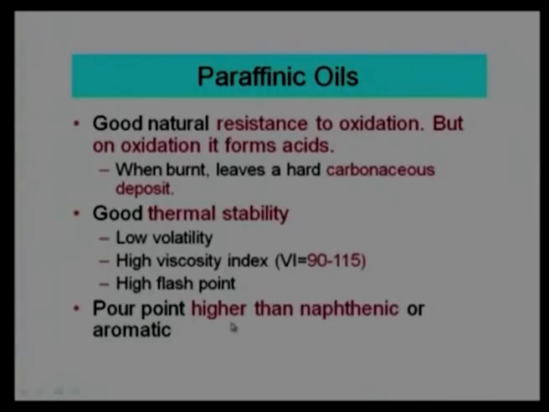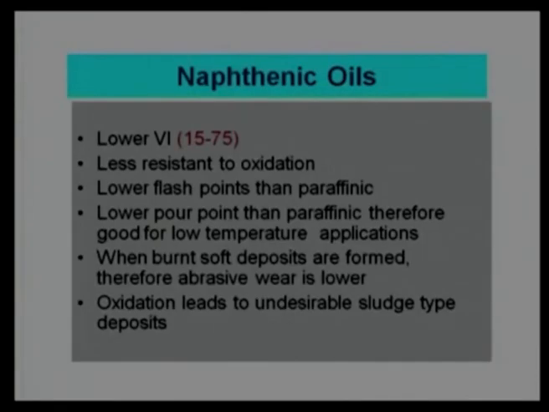Here it says that the pour point is higher than naphthenic, the pour point where they start freezing at high temperature compared to naphthenic, which was mentioned in the last slide also. That means, for cold applications, paraffinic oil will not be as good as naphthenic oils for low temperature applications.